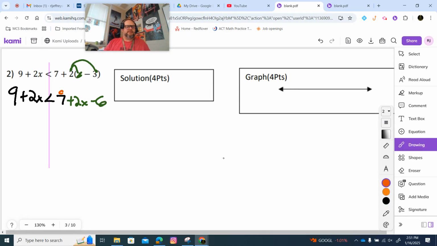Now, combine like terms. This and this are like terms. This is like saying 7 minus 6. Okay. So 9 plus 2x. And then we have 2x. All right.